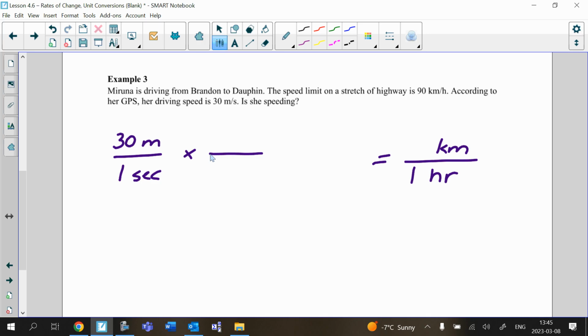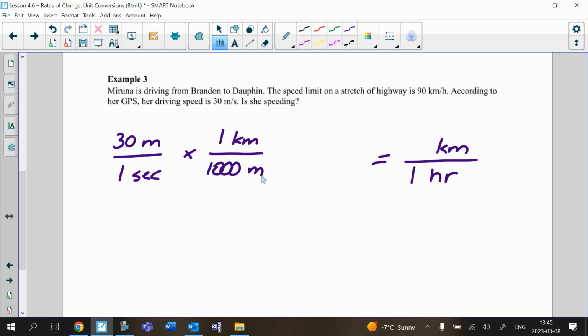Good. So why did we do that? Because we can cancel out the meters and we'll be left with kilometers. So after I do this, I've got kilometers per second. Now I just got to figure out what to multiply.